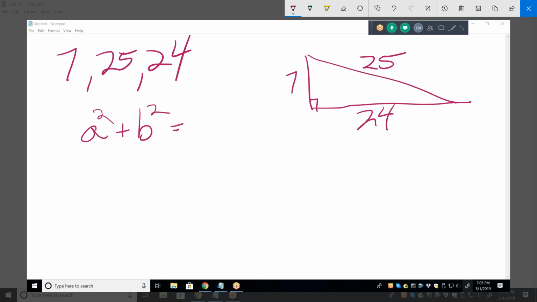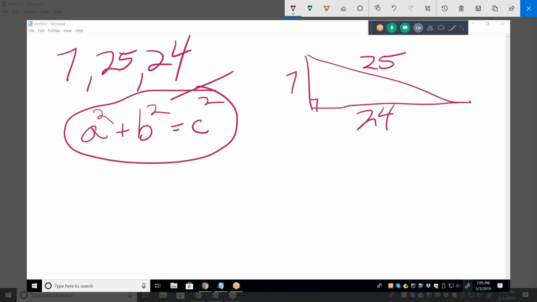It has to fit the Pythagorean theorem. If that is not true, it's not a right triangle.